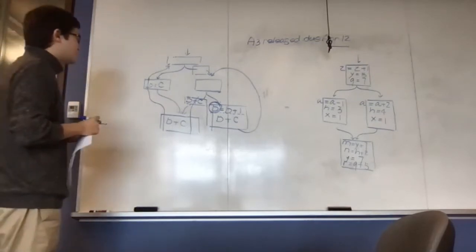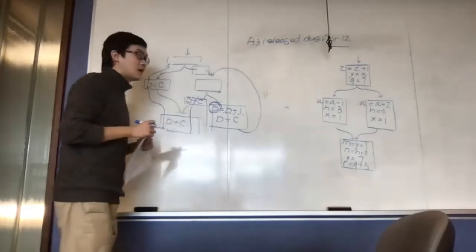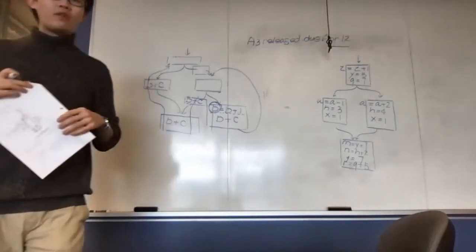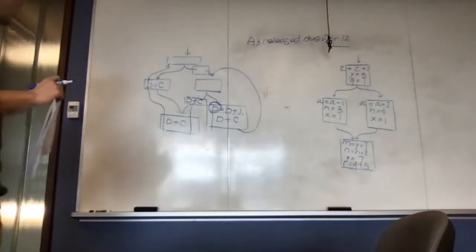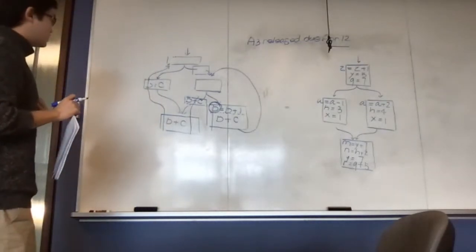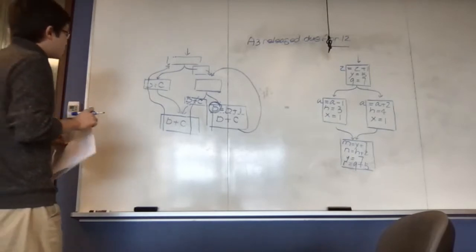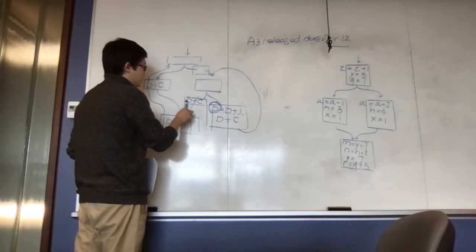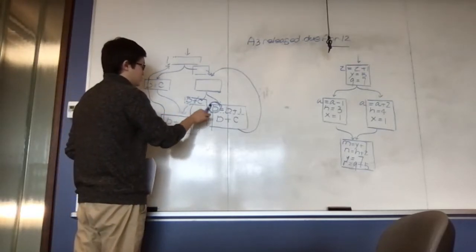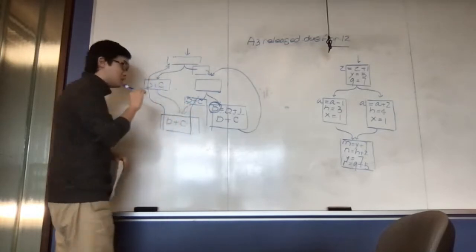So does this satisfy our condition for earliest placement? As we have discussed, the reason we want to introduce will-be-available expressions is to filter out the anticipation frontiers where the expression is still available. So the question we want to ask is: now that we want to insert expression b plus c at this point, is the expression available at this point?